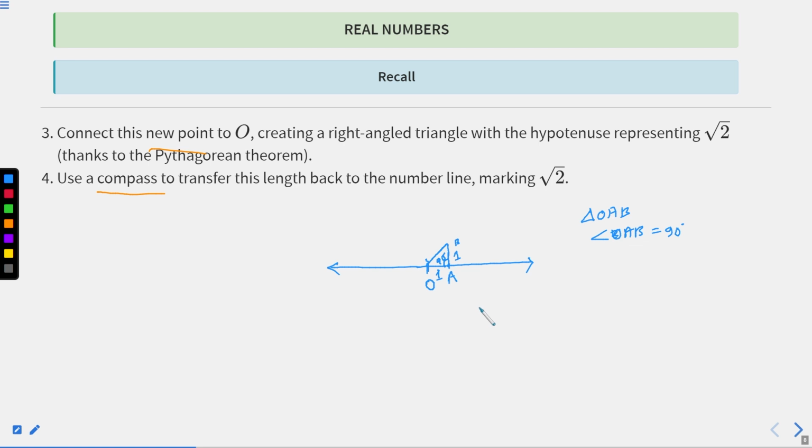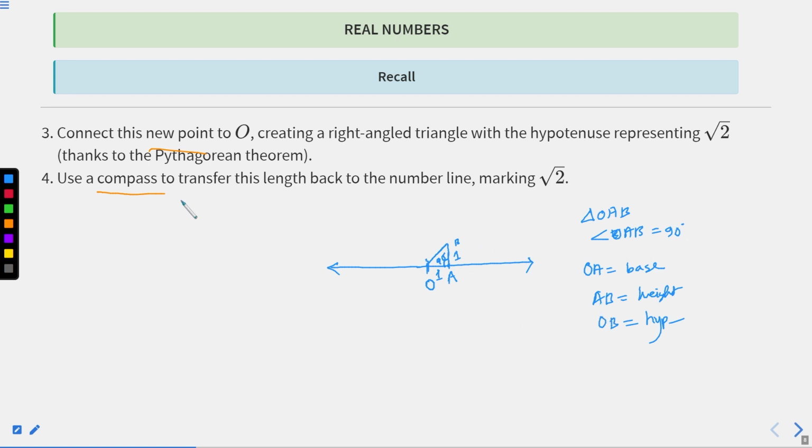Now by the Pythagoras theorem, for a right angle triangle, base square plus height square is equal to hypotenuse square. For this right angle triangle, OA is the base, AB is the height, and OB is the hypotenuse.